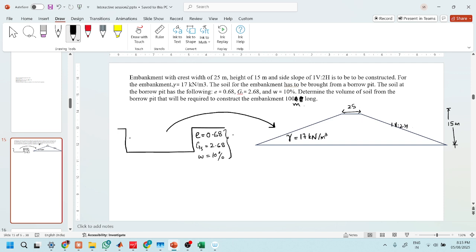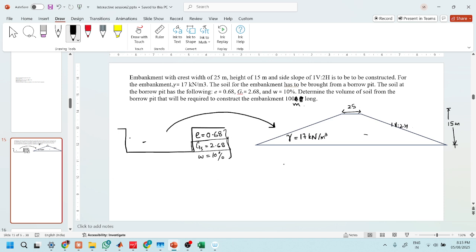The GS will be the same because this is a fundamental property. Between the soil in the borrow pit and the soil in the embankment, the GS will not change. Let us try to equate both conditions using GS only.